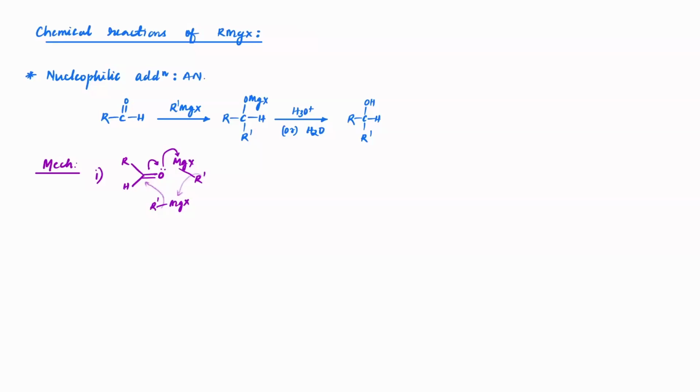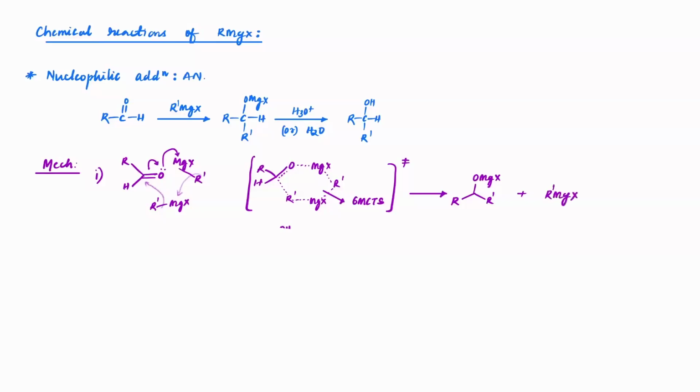So this is the six-membered transition state, where we have oxygen, MgX, R, MgX, R dash, and carbon involved in this six-membered cyclic transition state, and that will give you RO MgX plus, RO minus and MgX plus R dash MgX.